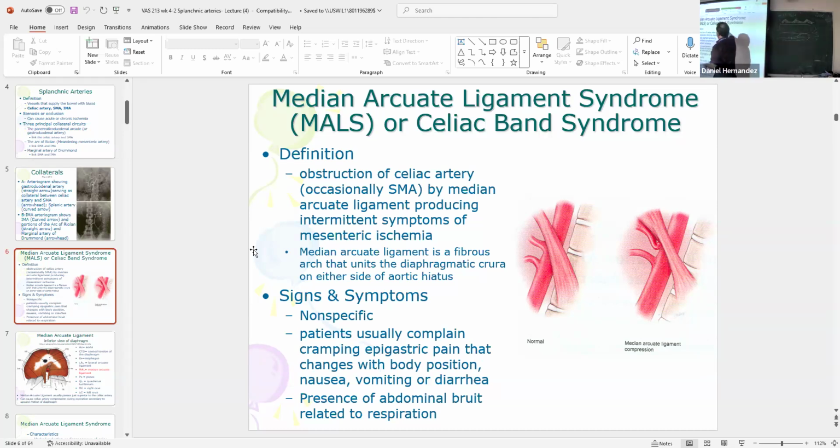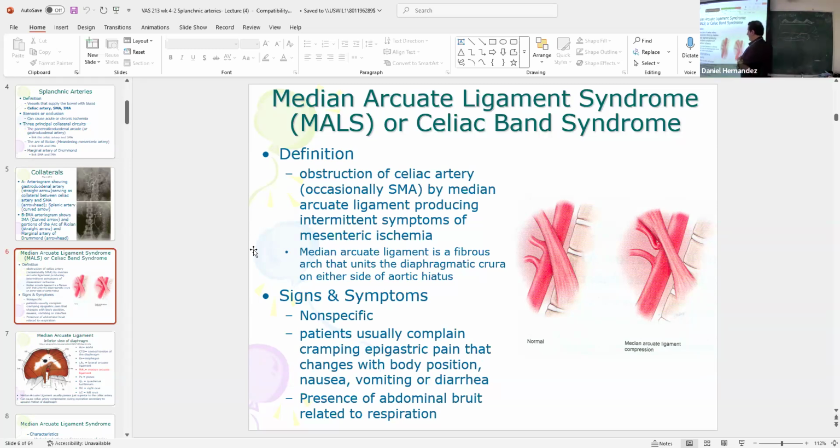An easier name to remember for me is celiac band syndrome, because the name tells you which artery is being compressed. So this is obstruction of the celiac artery, sometimes the SMA, but primarily the celiac artery, by the median arcuate ligament, producing intermittent mesenteric ischemia.